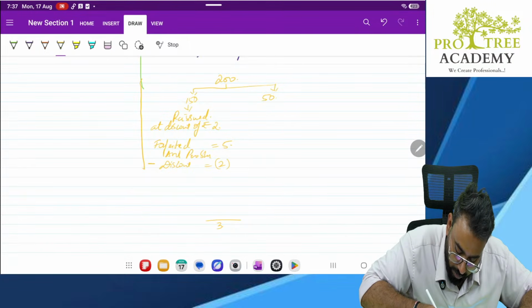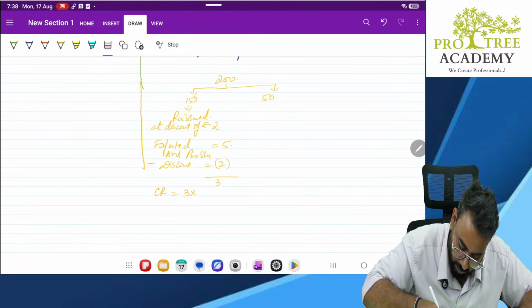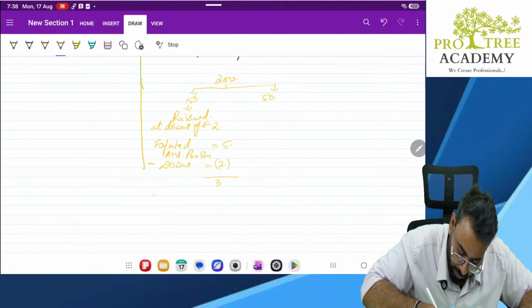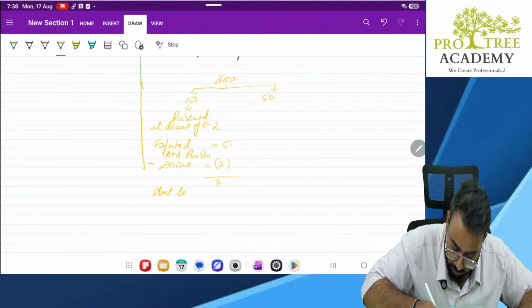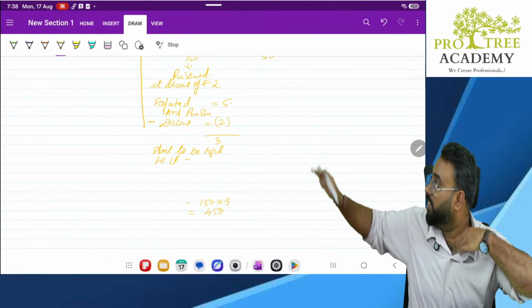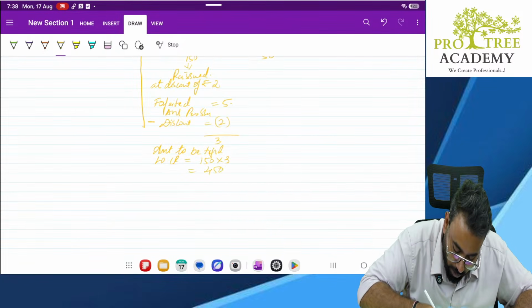So, correct? Amount to be transferred is 3 rupees per share into how many shares are reissued? 150. To that extent, you will transfer to capital reserve.